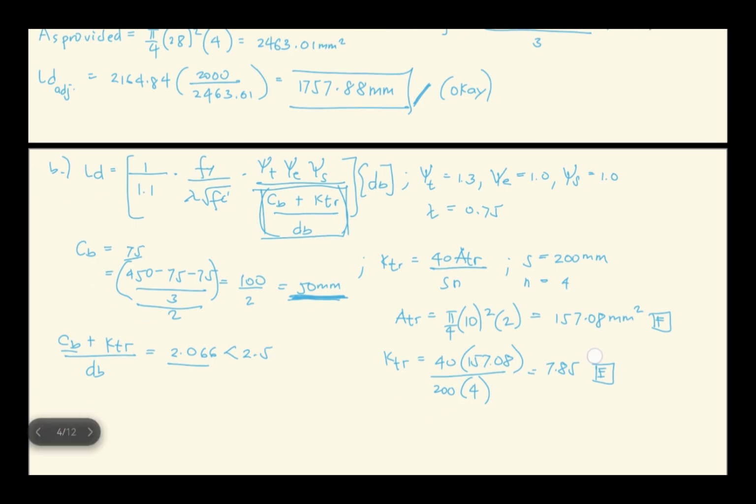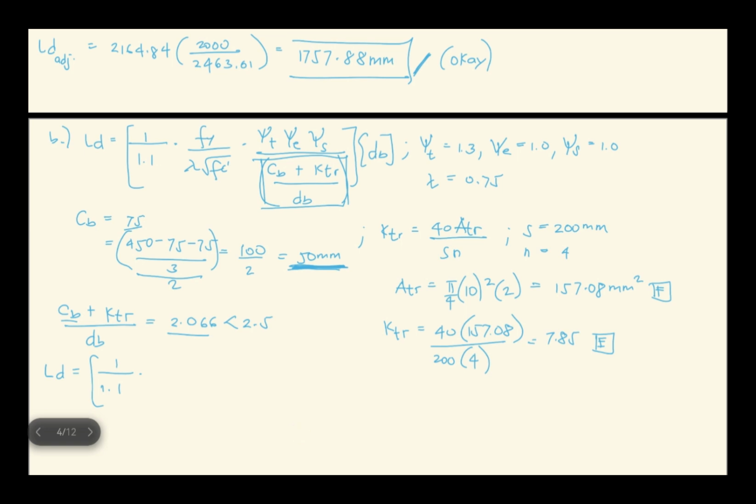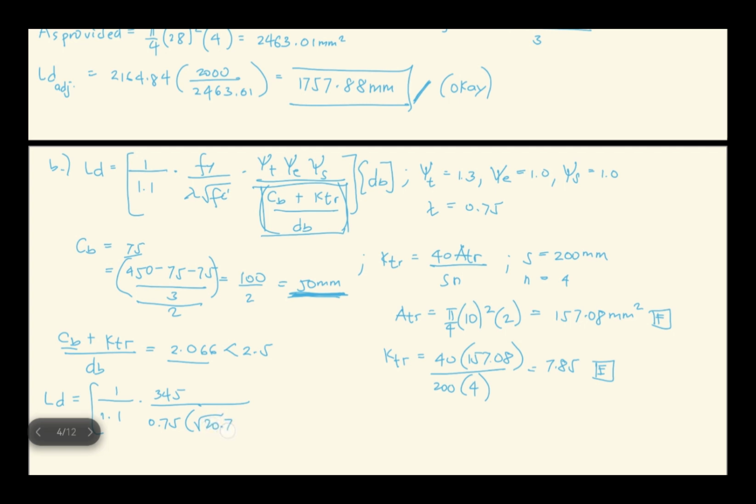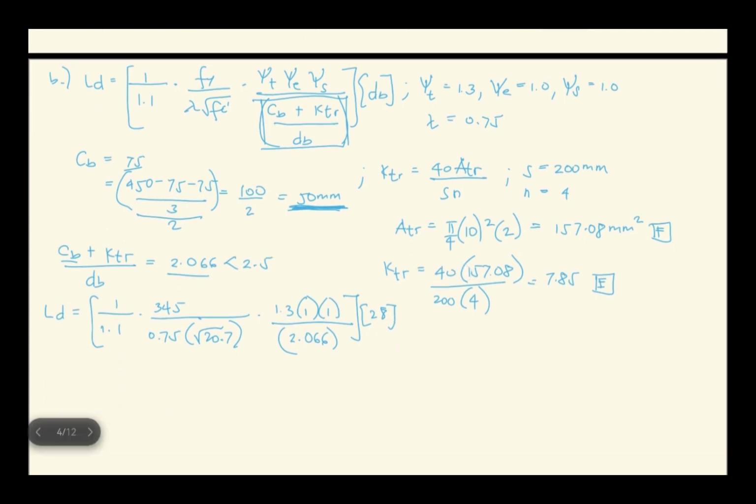Now, substituting the computed values to determine the development length, we'll have this value, 1619.22.